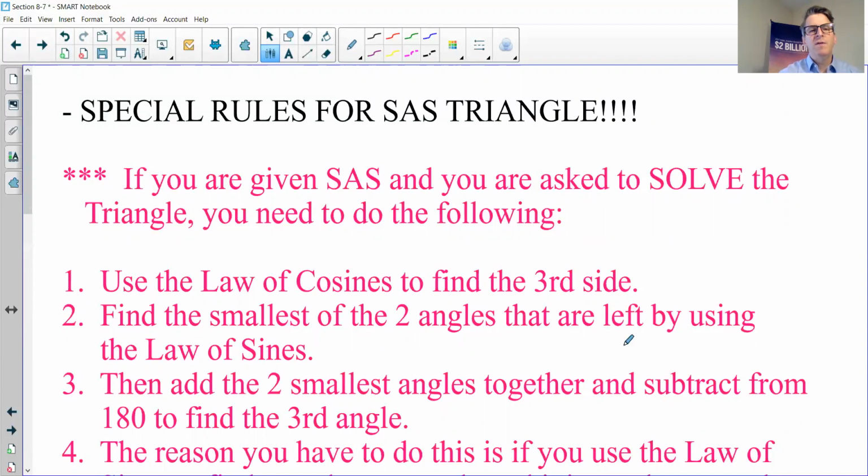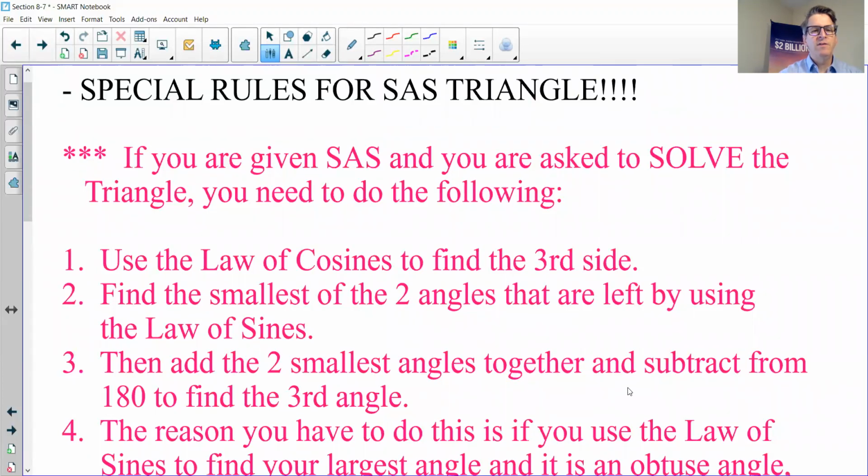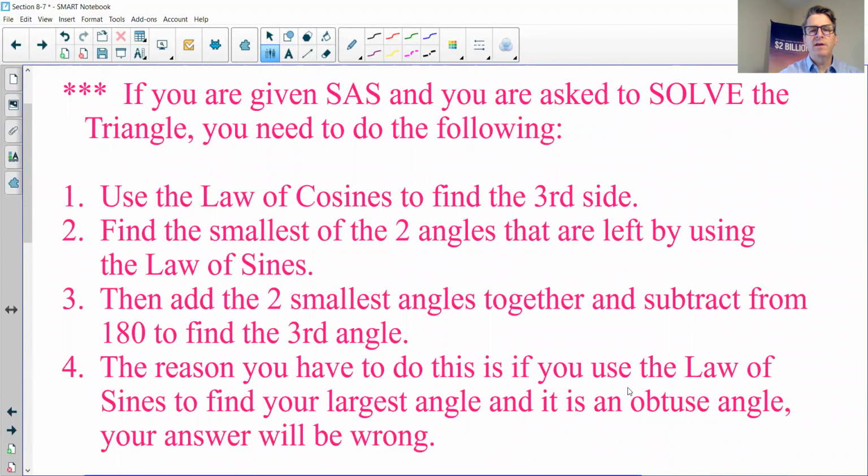Step 3, add the 2 known angles together and subtract from 180 to find the third angle. The reason you have to do this is that if you use the law of sines to find your largest angle and it is an obtuse angle, your answer will be wrong.